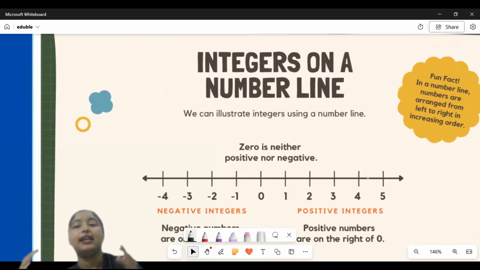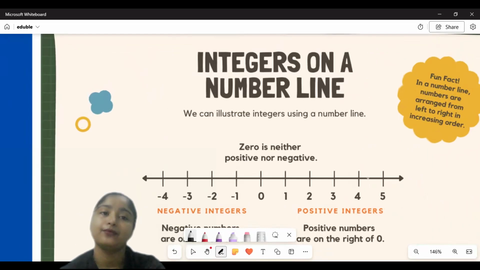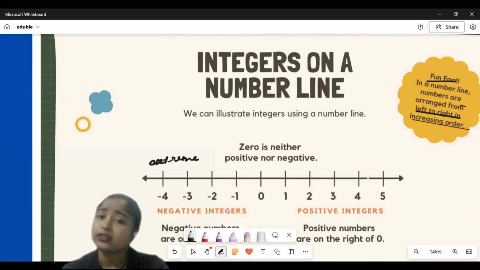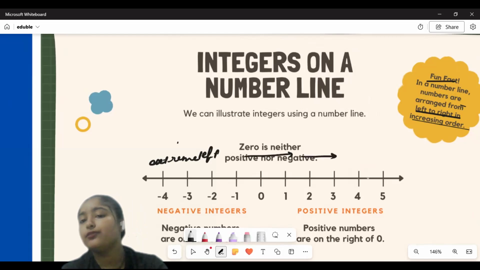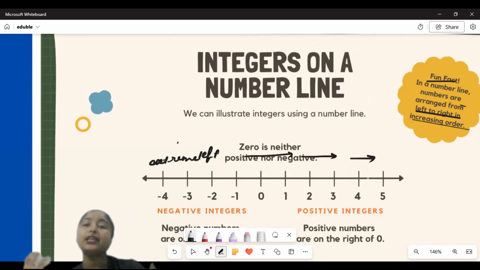Now let's begin to represent the integers on a number line. So let's see the normal number line. You guys know how to make it, right? Fun fact, in a number line, numbers are arranged from left to right in increasing order, right? So see, this is the extreme left. Now, if you go from this side to the right side, you will see that the values are increasing.